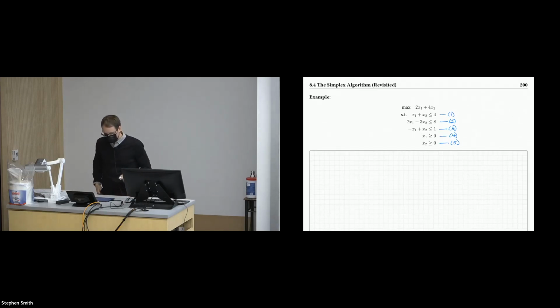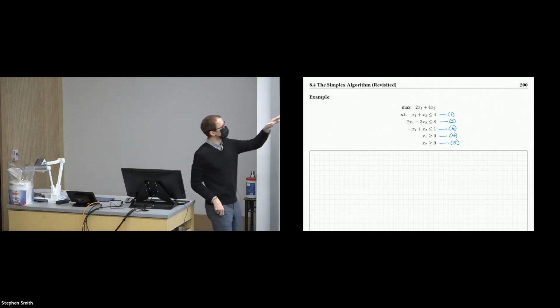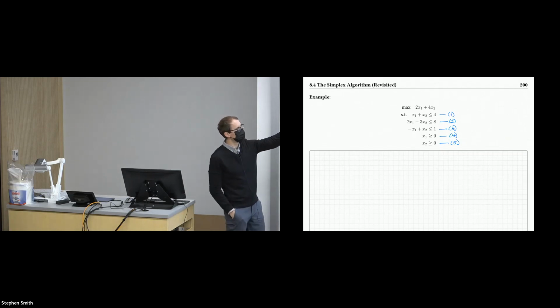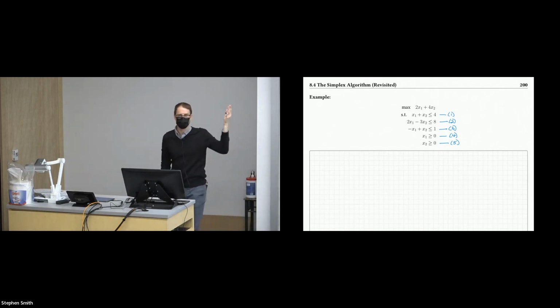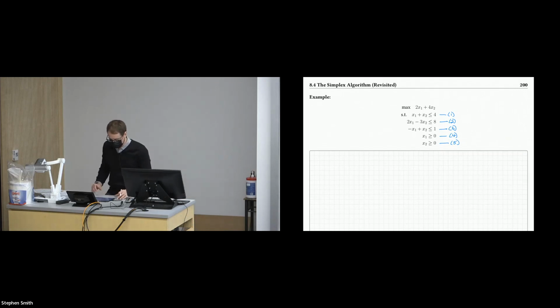And then you can see that the origin satisfies 2 constraints with equality. The point x1 equals 0, x2 equals 0 satisfies constraints 4 and 5 with equality, and it satisfies all the other constraints with inequality. If you just plug 0, 0 into 1, 2, and 3, you get that the left-hand side is less than or equal to the right-hand side.